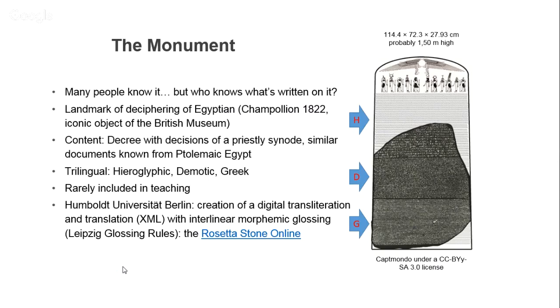The first language, where we only have a few lines left on the top of the stone, is written in hieroglyphic script, but the language is a very old form of Egyptian. It's Middle Egyptian, or something we call Égyptien de tradition, because this kind of language was not spoken at that time. What was spoken and written was Demotic. That's the language inscribed in the middle. And of course, the form of ancient Greek at the end.